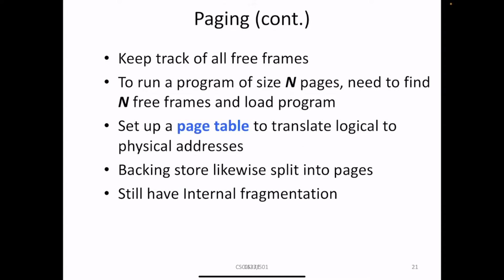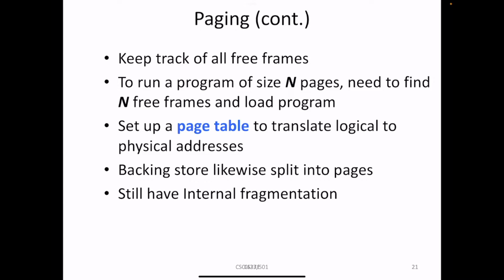In the paging allocation mechanism, we need to track all the free frames. To run a program of size n pages, we need to find n free frames in the main memory, and then we can load the program into those n free frames.